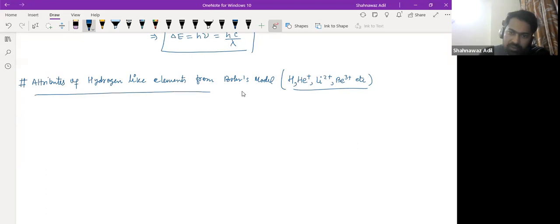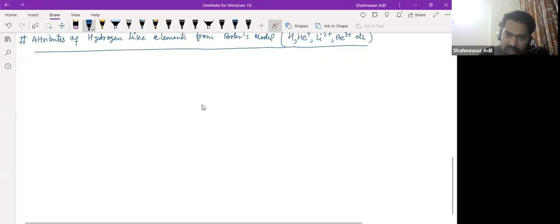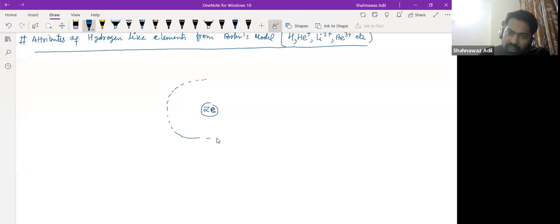So we have, let's say, a nucleus with charge Ze, and this electron is revolving around it. First we have to find out the radius, specifically Bohr's radius.